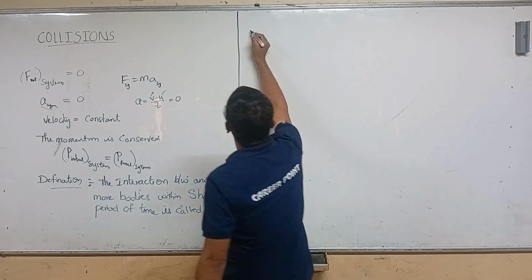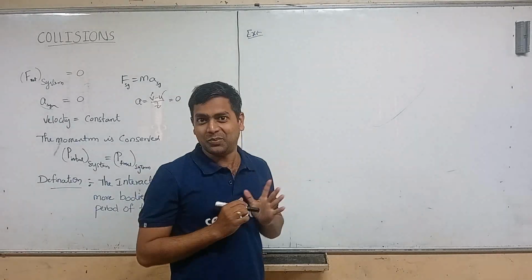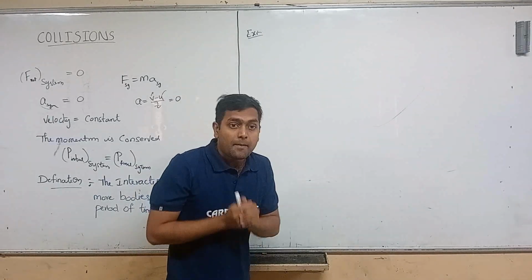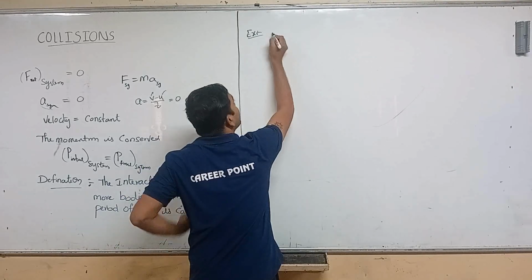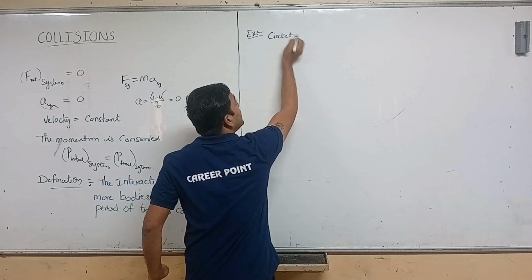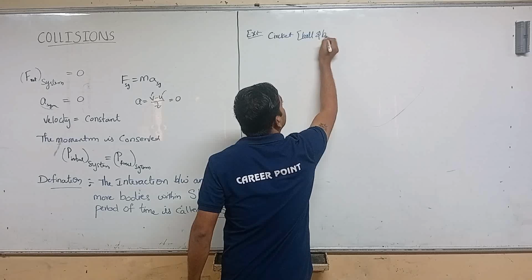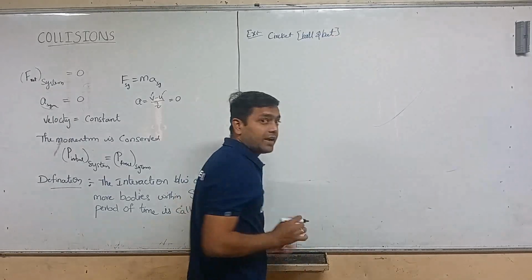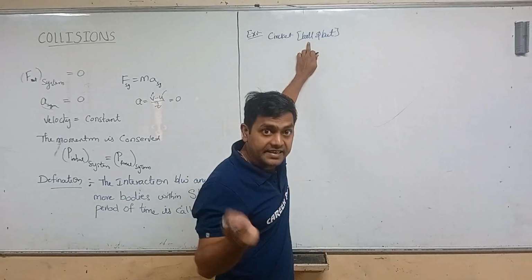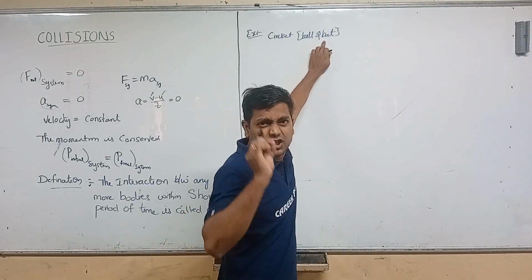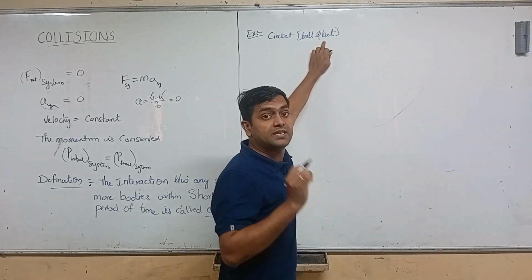So, examples of collision. Let us take the best example: in cricket, the ball is hit by the bat. The ball is getting hit by the bat within a short period of time, so we say that is a collision.